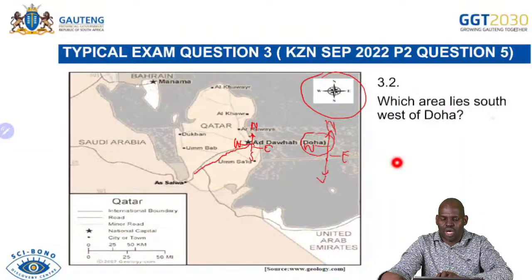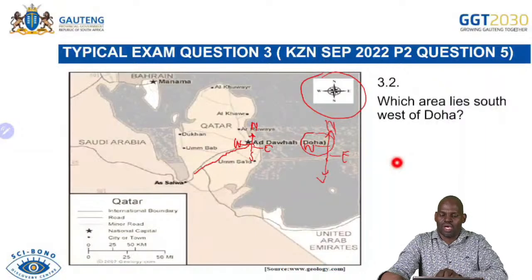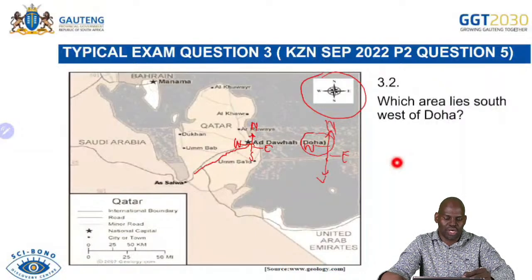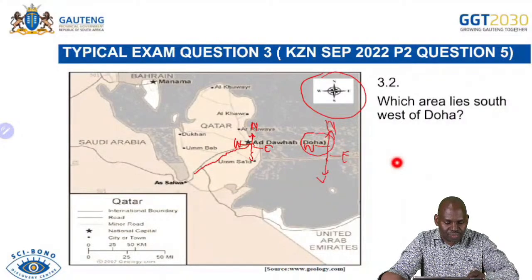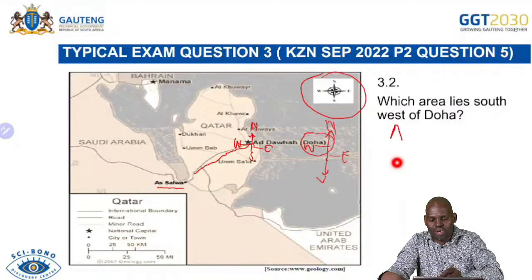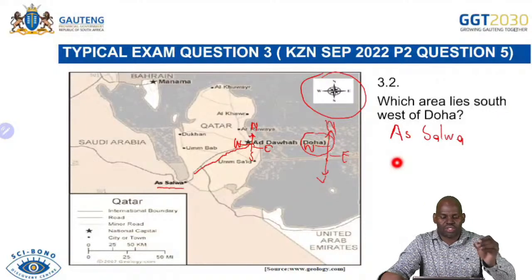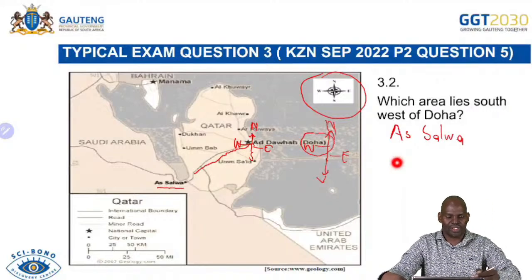It says southwest. So southwest is between south and west. Between south and west, you can see that it's As Salwa. Okay, it's indicated there. That is the area that is between south and west. So it means it's in the southwest.